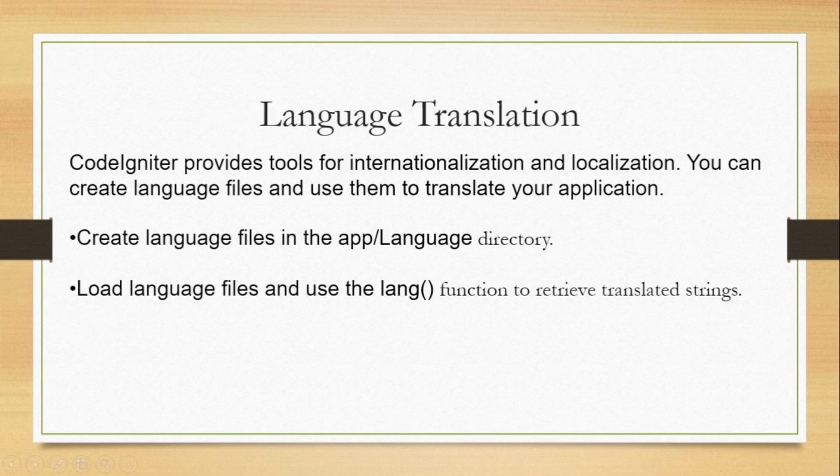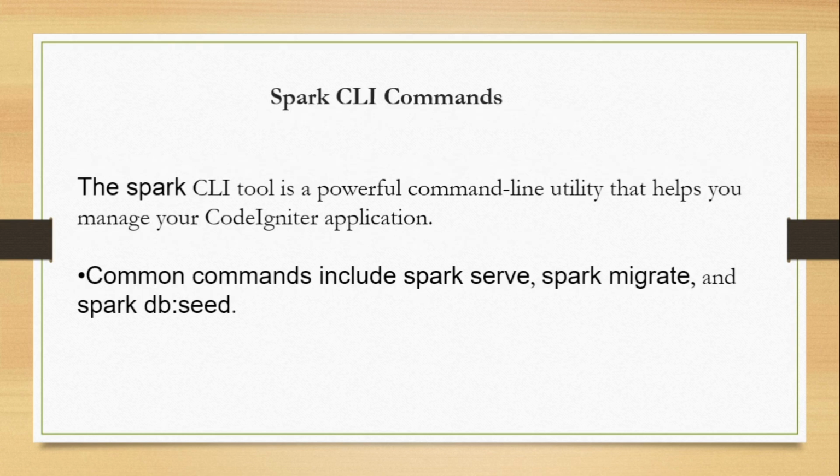You can create language files and use them to translate your application. Language files are available in the app/Language directory. Load the language file and use the lang function to retrieve translated strings. We will learn how we can create our language files and how to load them in our application.